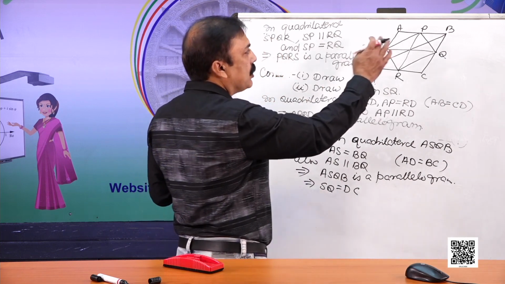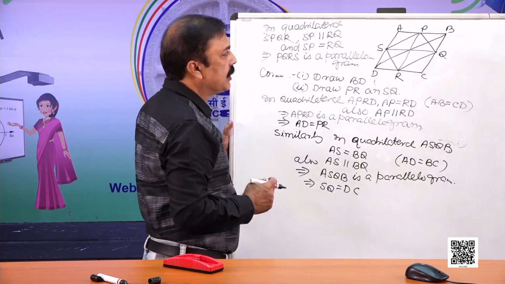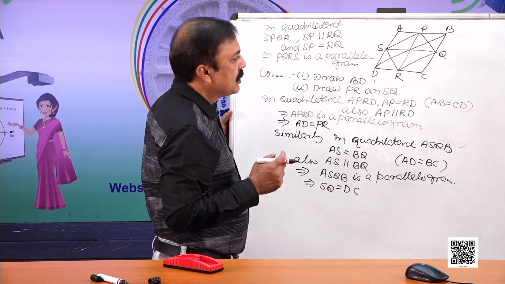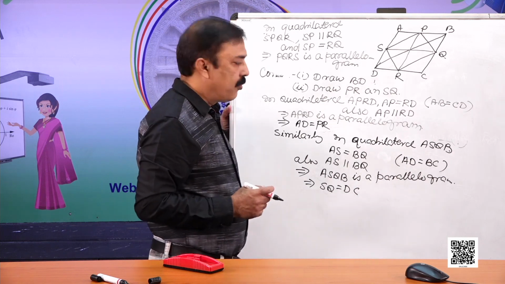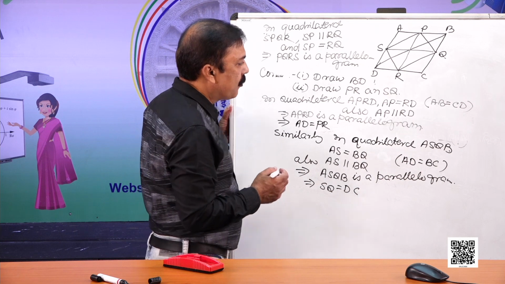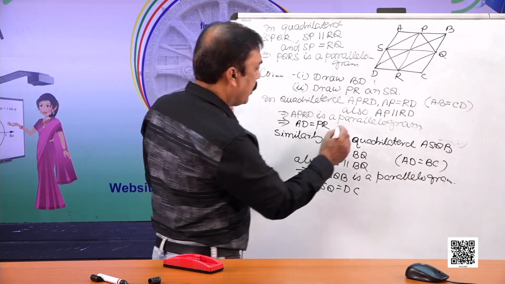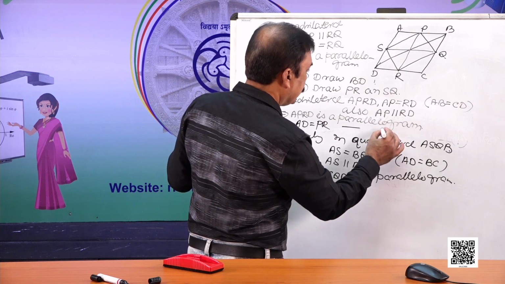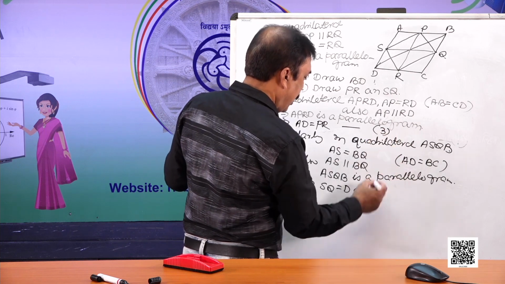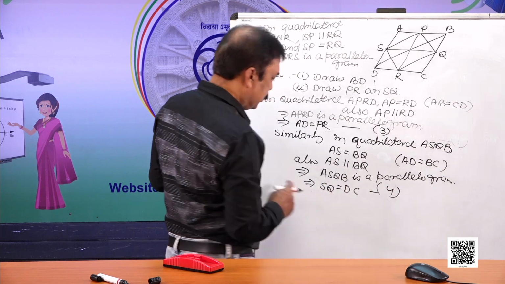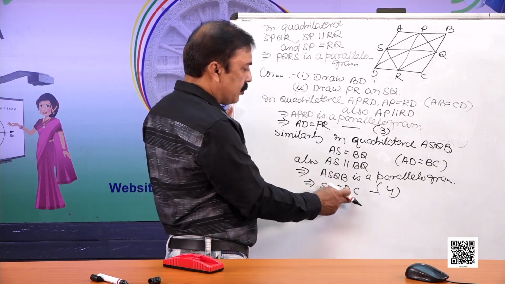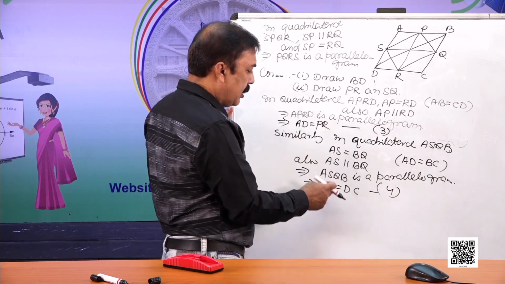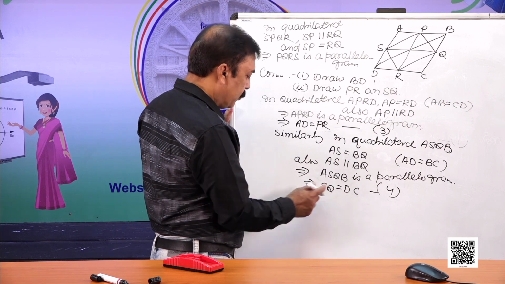Now we know that AB, BC, CD, DA, all four are equal. So from equation 3 and equation 4, you see AD is equal to CD, so PR equal to SQ.